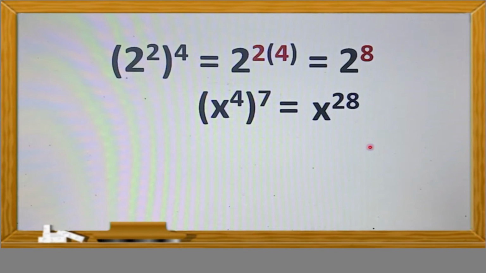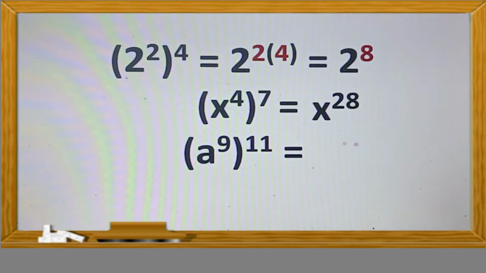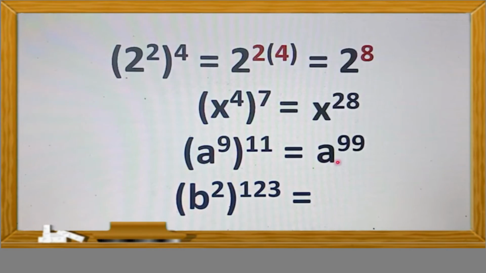Another: a raised to 9 raised to 11 is equal to a raised to 9 times 11, so we have a raised to 99. And another: b raised to 2 raised to 123, so we have b raised to 246.